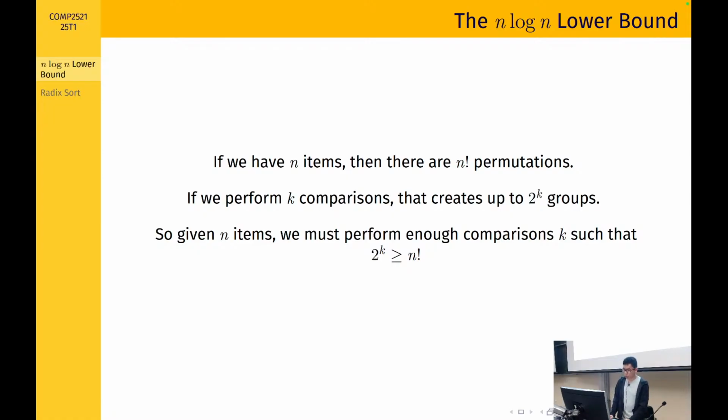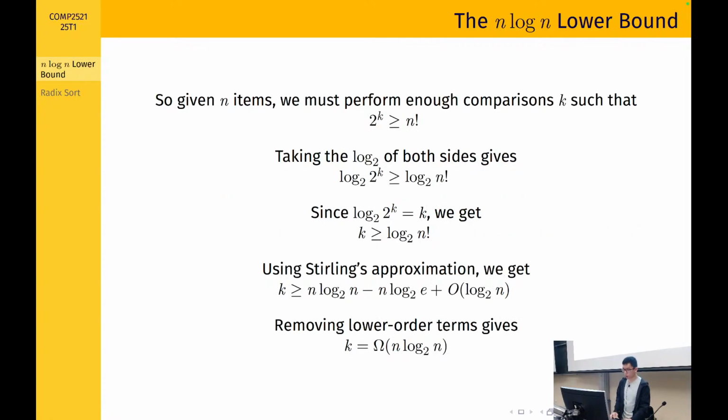Okay, so here is some maths to end up with the conclusion that the number of comparisons k is at least, or is big omega of, n log base 2 n.